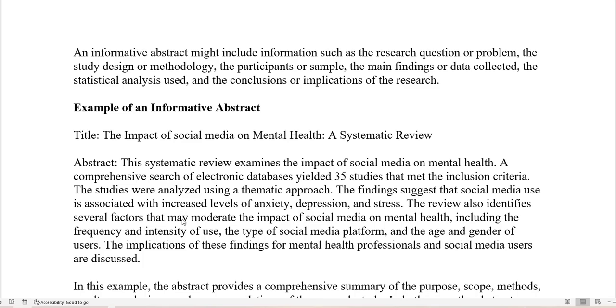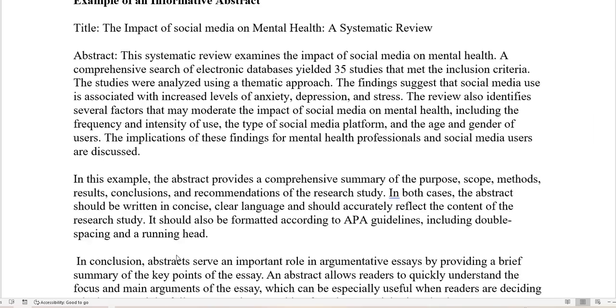The review also identifies several factors that may moderate the impact of social media on mental health, including the frequency and intensity of use, the type of social media platform, the age and gender of users. The implications of these findings for mental health professionals and social media users are discussed.